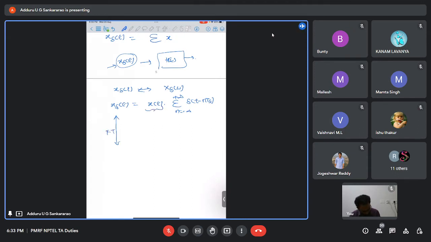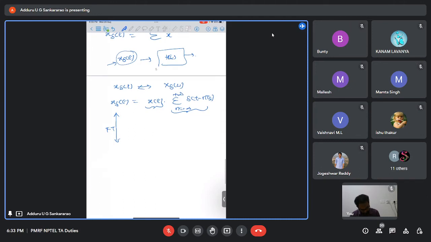This is one signal and this is another signal, a product in the time domain. In the time domain, let us say we have two signals x of t and y of t. In the frequency domain, the Fourier transform is 1 by 2 pi times X of omega convolved with Y of omega.